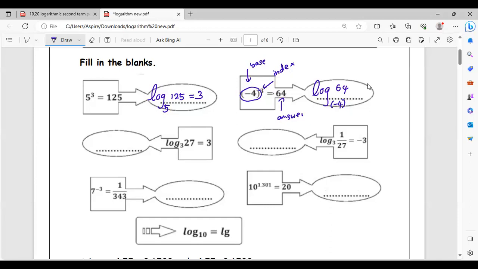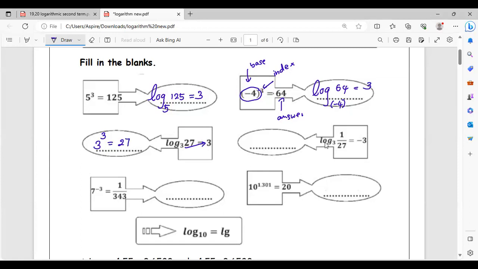Then here the log form is given, and the log form should be converted to index form. Always identify the base. The base is in the tail of the g. It is 3. Then the index is the answer in the log form. It is 3 to the power 3 equals 27.